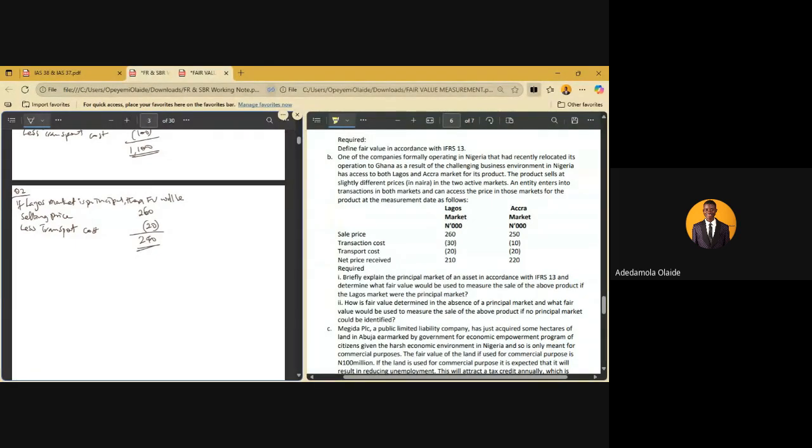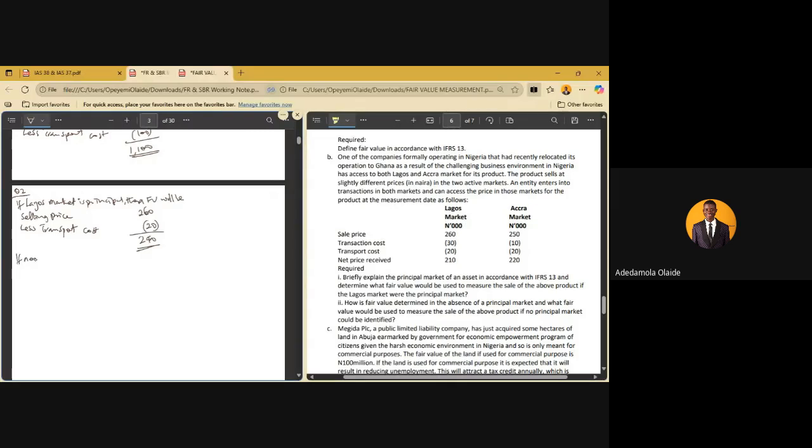They now said how is fair value determined in the absence of a principal market, and what fair value will be used to measure the sale of the above product if no principal market could be identified. I already know where there is no principal market. What do we do? We use the most advantageous market.